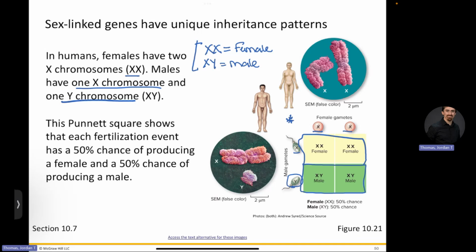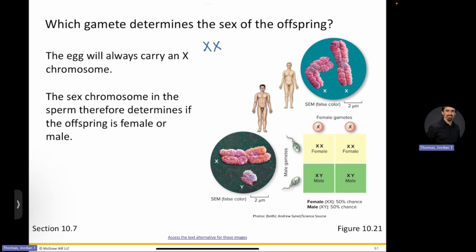Keep in mind, males only have one X chromosome, though. That's going to be important soon. Which gamete determines the sex of the offspring? The egg will always carry the X chromosome. Remember, females are XX, which means a female can only pass an X chromosome.